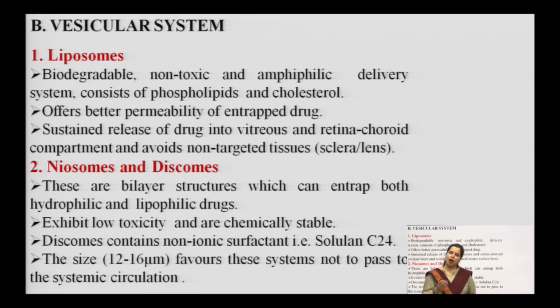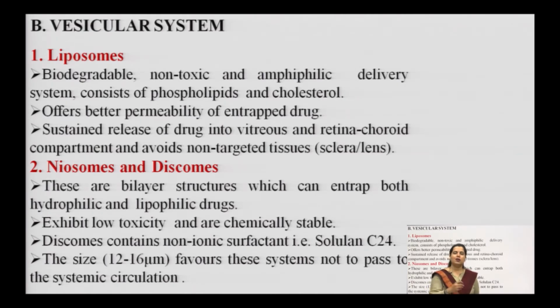These are bilayer structures similar to liposomes, which can entrap both lipophilic and hydrophilic drugs, and they exhibit low toxicity and are more stable as compared to liposomes. See, it has a synthetic non-ionic surfactant component, and in liposomes phospholipids are there. Then stability issues are there with the liposomes.